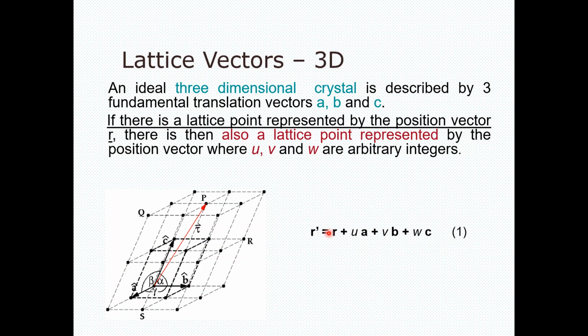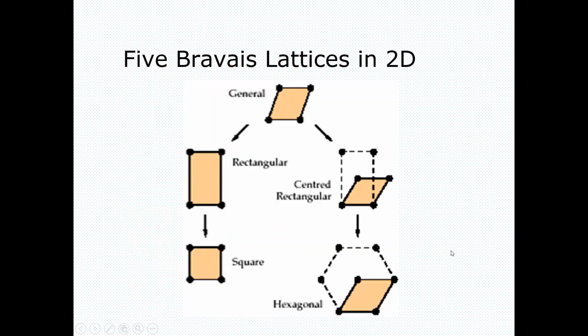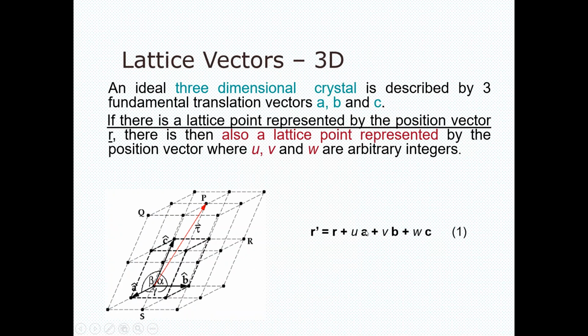R dash is equal to R plus UA plus VB plus WC. For easy understanding, we call this equation number 1. This is the translation vector for the lattice in 3 dimensions.